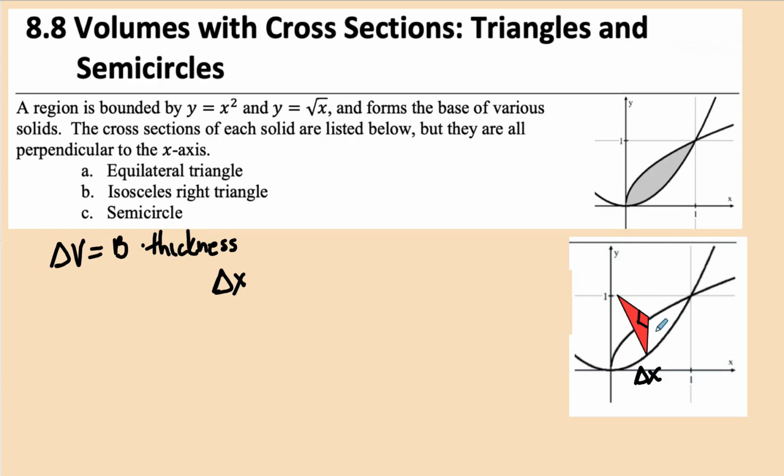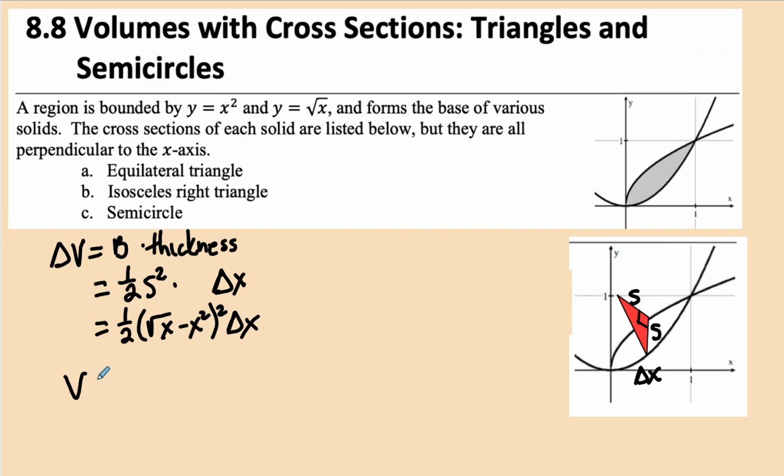This is one of our legs, so I'm going to call that a side, and this is also going to be a side, and this is actually half a square, so it'll be 1/2 s squared. And so we are going to again do our y of the upper minus y of the lower, so that's square root of x minus x squared, quantity squared, delta x.